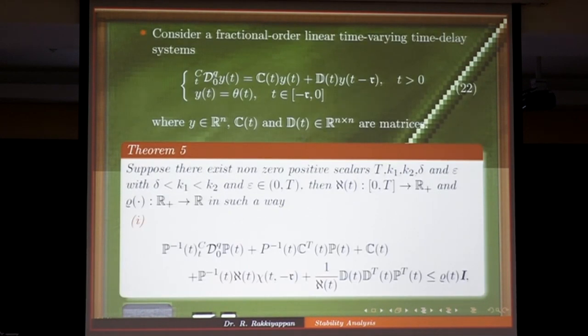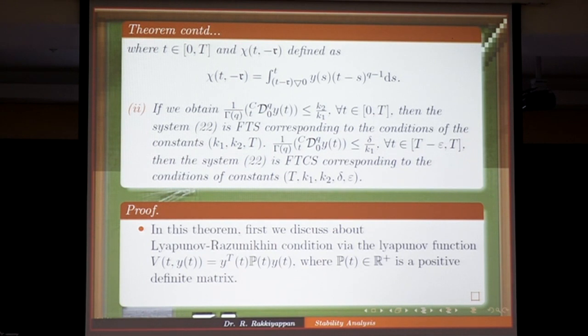So same thing. Here we consider the fractional order time varying time delay systems. We want to derive the sufficient condition for the system to be finite time stable as well as finite time contractive stable. So we have conditions number 1, 2.